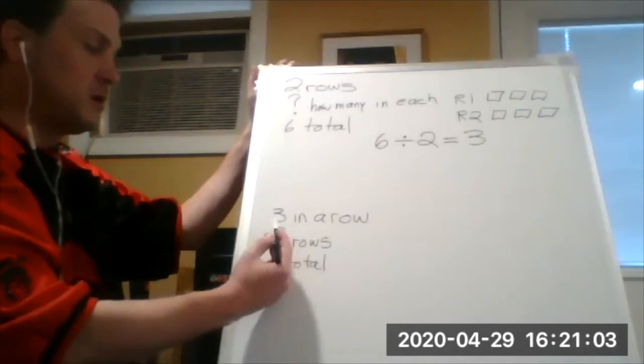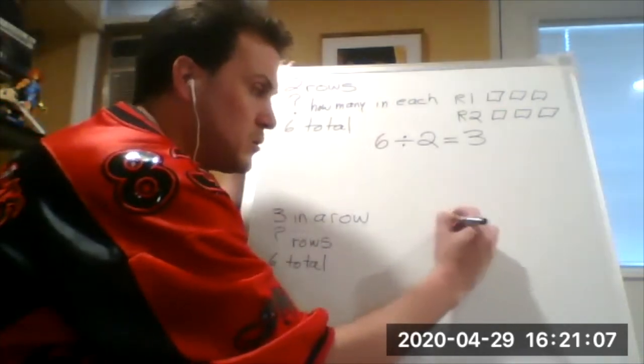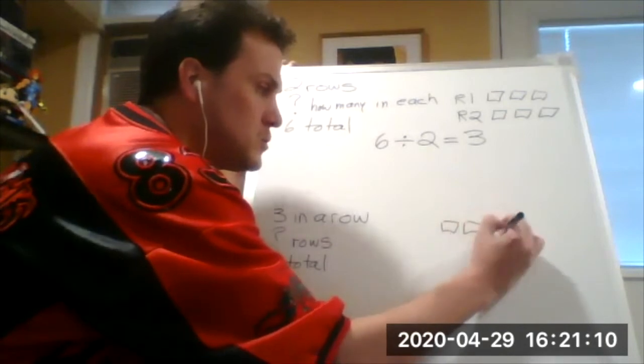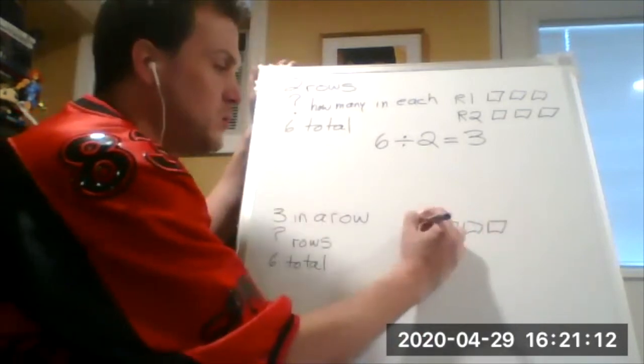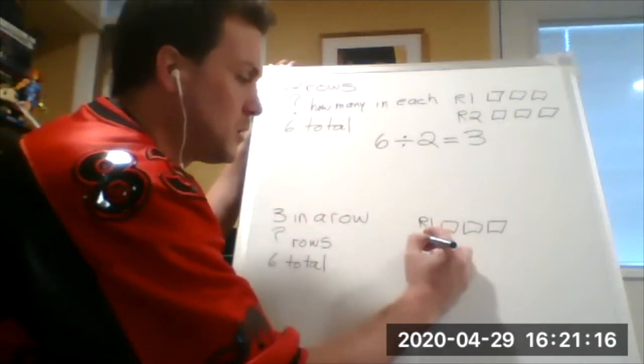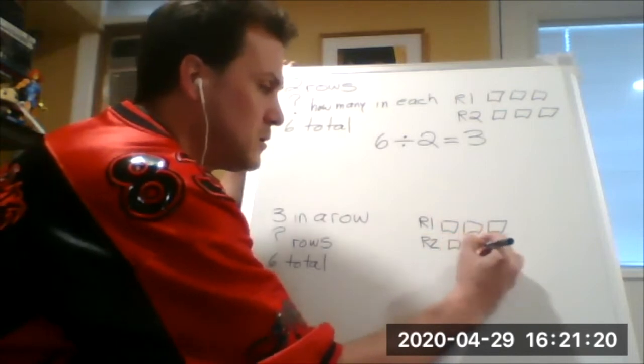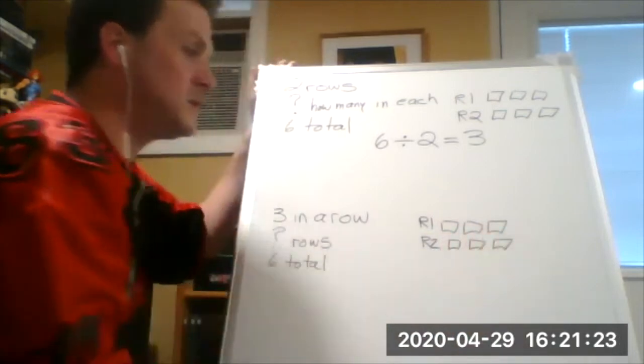So we start right here. We say 3 in a row. I'm going to make row 1. 1, 2, 3. There's row 1. 3 in a row. I'm going to go on to row 2 now. I'm going to add 4, 5, and 6.